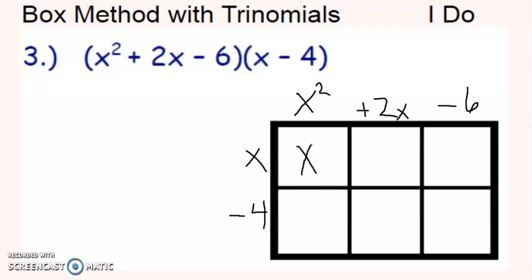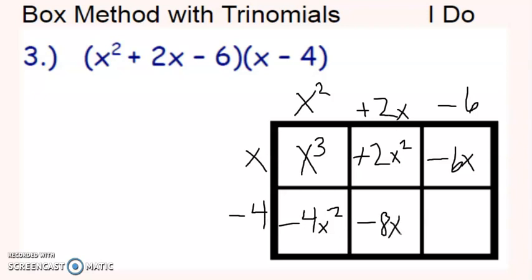Those are 3 x's there, so we have x to the third power. 2x times x, we have plus 2x squared. x times negative 6 is minus 6x. x squared times negative 4 is minus 4x squared. Negative 4 times 2x is negative 8x. And negative 4 times negative 6 is positive 24.